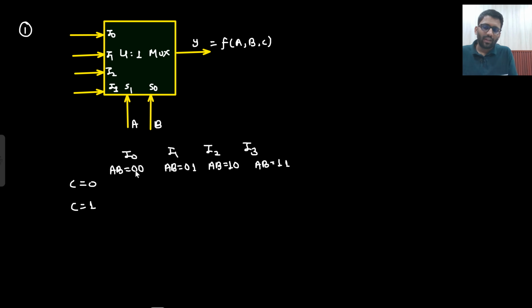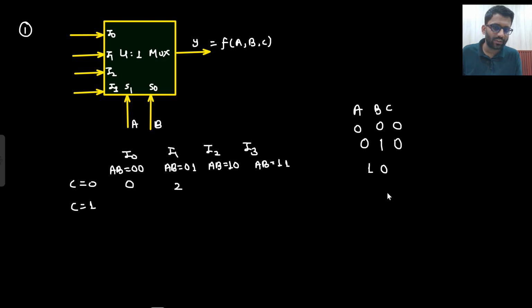Now A, B, C. A equals 0, B equals 0 and C equals 0. That means this will show minterm 0. In this row, A equals 0, B equals 1 and C equals 0. This will show minterm 2. For this, C equals 0 and AB equals 0 1.